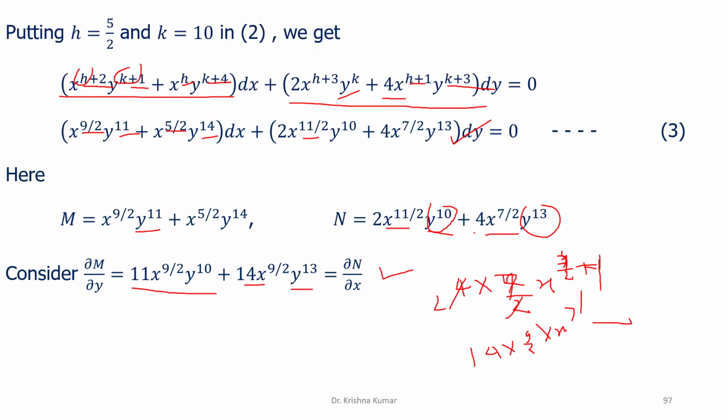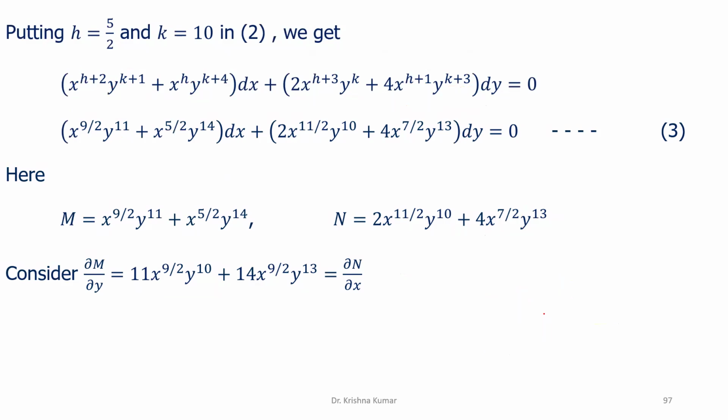Okay, we have to differentiate it. So x to the power 7/2. Just a minute, once more. This is 2 into 11/2, x to the power 9/2 into y to the power 10 plus 4 into 7/2.